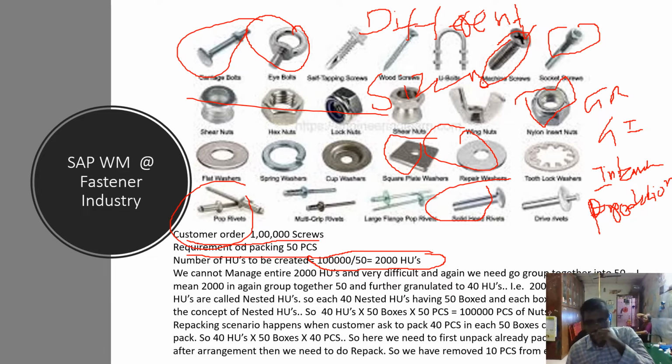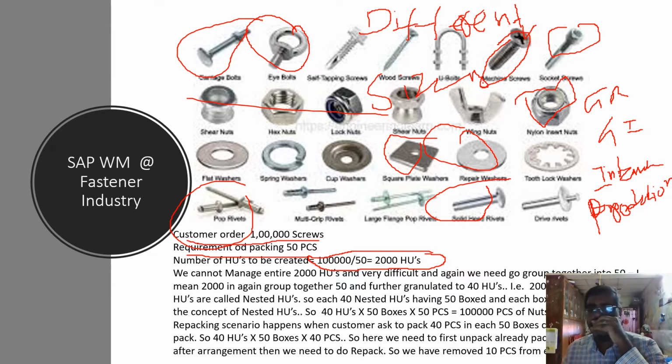First, out of 1 lakh pieces of nuts, you are packing 50 pieces, and with 1 lakh divided by 50 it will come to 2000 handling units. Again, you are not able to handle 2000 handling units in practice.